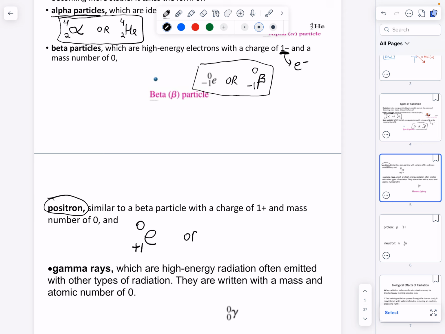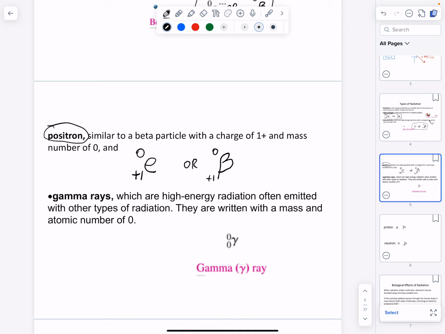The gamma ray, as I told you, is the neutral one, and those are the most powerful and dangerous. You have to be careful with these guys. Most of the mortality by radiation is because of the gamma rays.